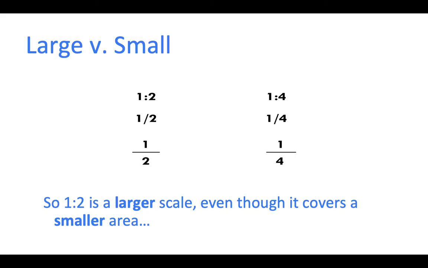If we think of it as a fraction, that fractional scale. So you can see here this, 1 to 2 versus 1 to 4. It's the idea that 1/2 is the fraction there versus 1/4. So we call that a larger scale, meaning the fraction itself is bigger, but by definition, it's going to cover a smaller area.